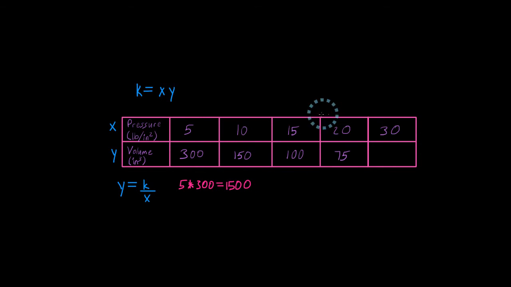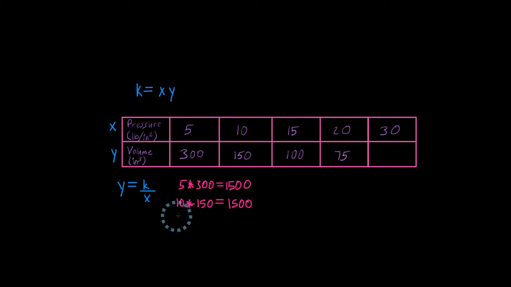And if I were to do the same thing with any of these xy values, 10 times 150 will also give me 1500.